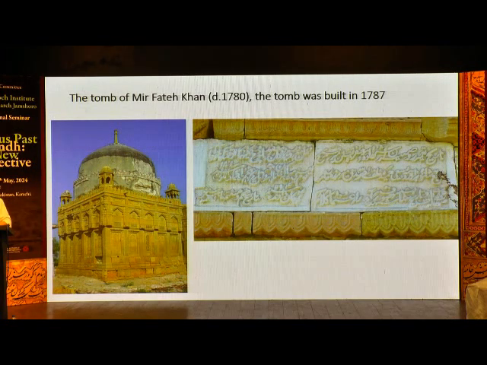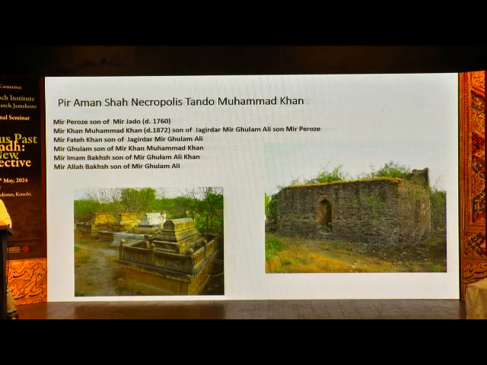The tomb was built in 1787. In the Persian inscription, we know that there is a date of the construction of the structure and a date of when he died.